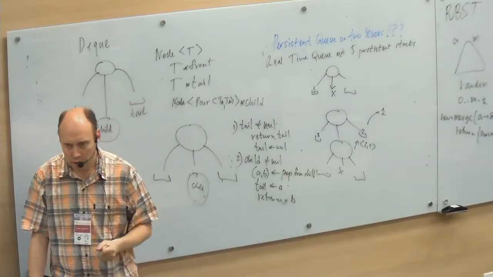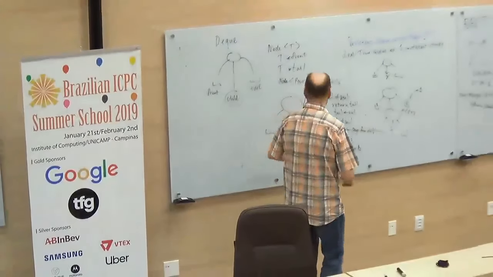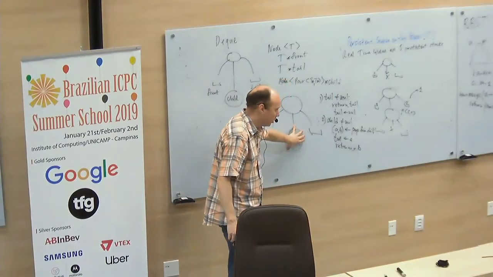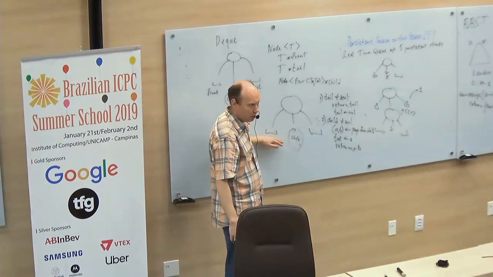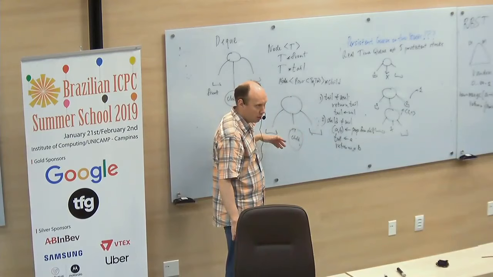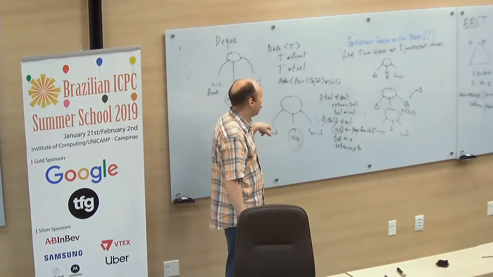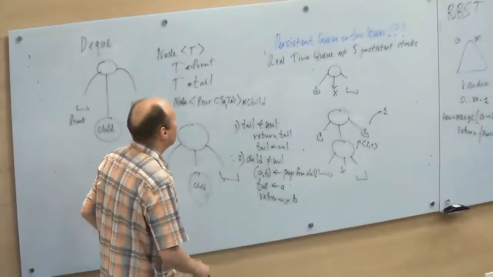The third variant is when our child is also empty. So tail is empty, child is empty. Then the only candidate to be returned is our front, because there are no more elements. We have a single element, and it's stored in the front buffer.